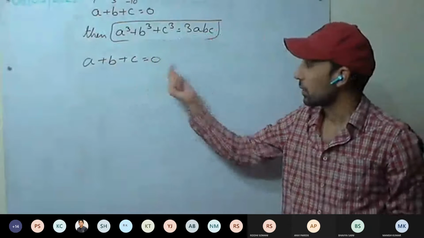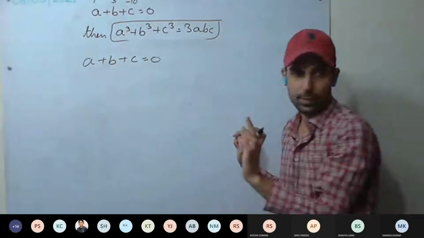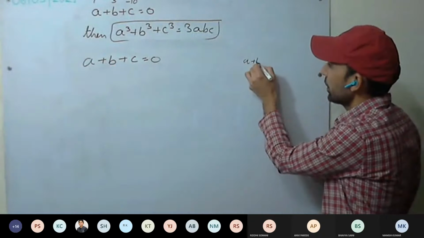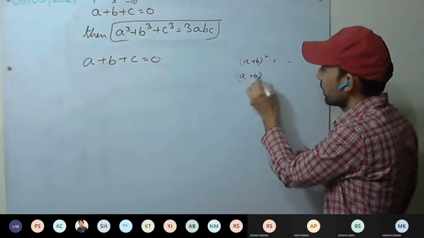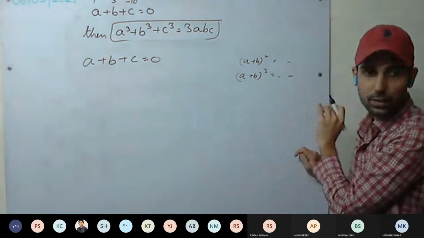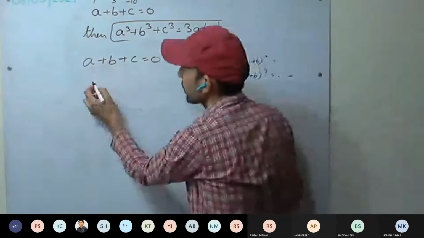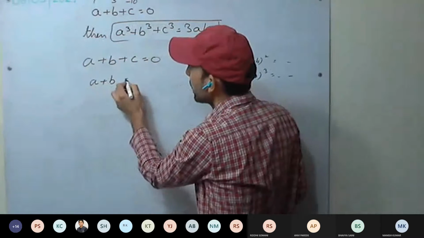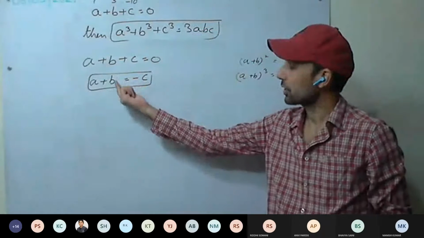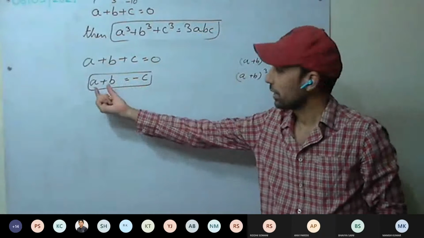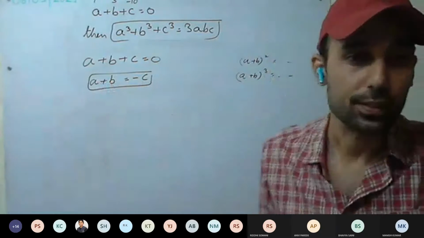Since we have dealt with only two variables, that is A plus B whole square equal to something, A plus B whole cube equal to something, we'll write A plus B equal to minus C. We'll be writing the equation like this. Now we have two variables here, so we can cube it.